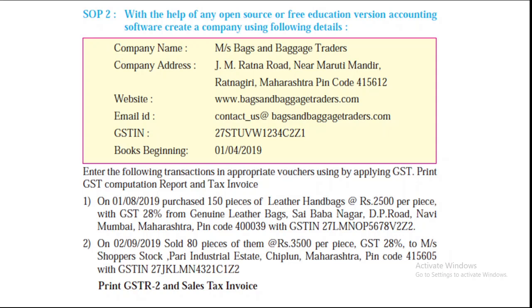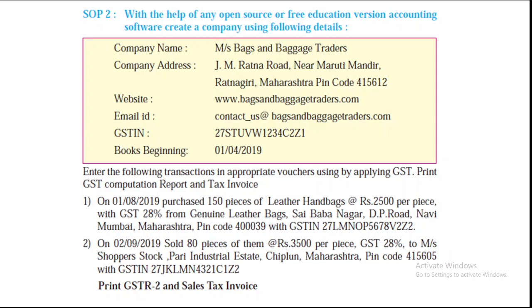Purchased 150 pieces of leather bags at the rate of rupees 2,500 per piece with GST 28% from Genuine Leather Bags, Sai Baba Nagar, DP Road, Navi Mumbai, Maharashtra, pin code 40039, with GSTIN 27 LMNOP 5678 V2Z2.